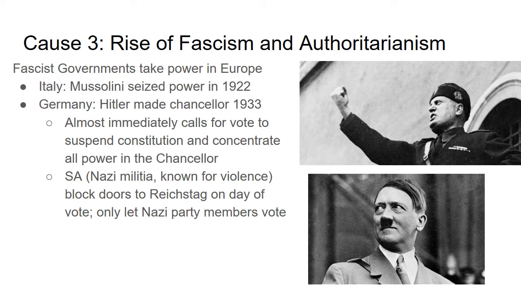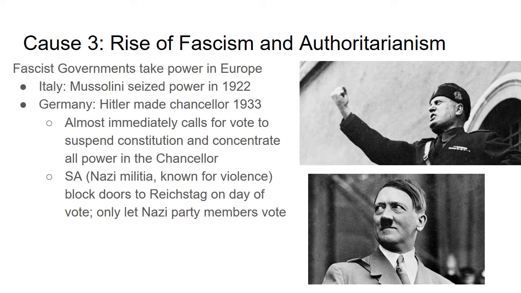He has his paramilitary militia, the SA, block the doors to the Reichstag and not allow any opposition party members to enter the building and vote. And so only Nazi party members are allowed to vote in this decision. And so, of course, the chancellor is given supreme power, and the Reichstag basically votes itself out of existence.